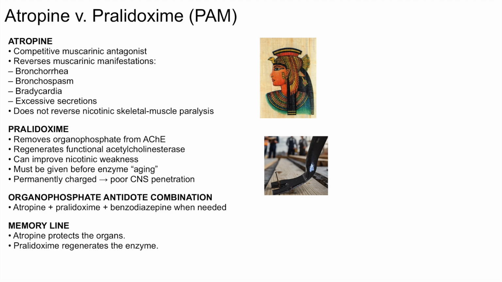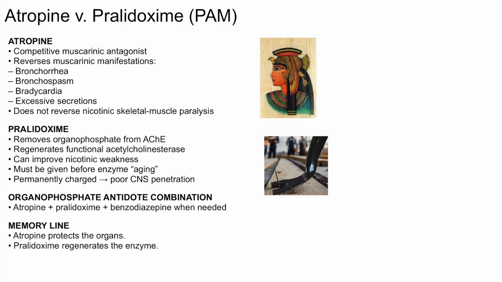The way I like to remember these guys too is that with some of the drugs, it's fun to look back into the history, and atropine actually comes from a berry that was used by Cleopatra. And she would take these little berries to dilate her pupils to become more attractive, or, I guess, to be perceived as more attractive. Just a fun little way to remember atropine there.